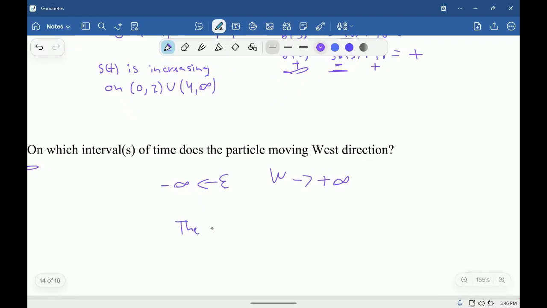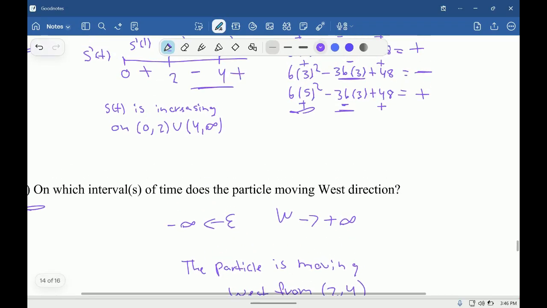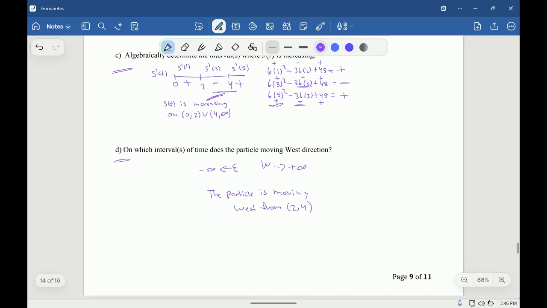So the particle is moving west from 2 to 4. It goes from negative to positive, which means it has to be going to positive infinity.